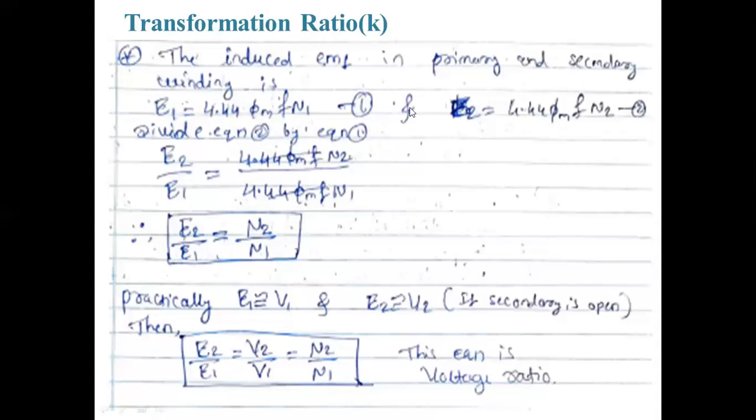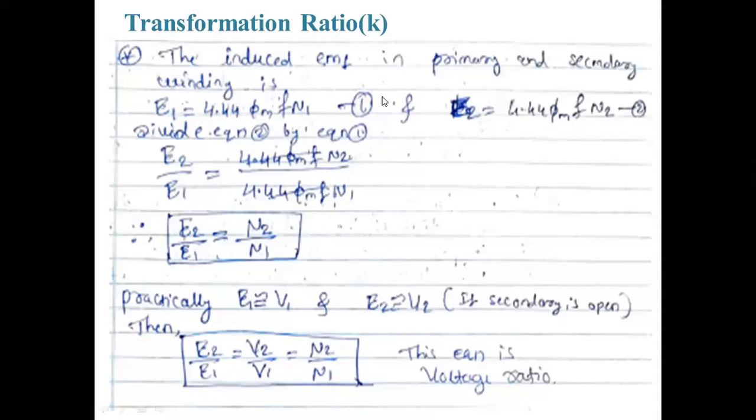We know the induced EMF in the primary and secondary. We know the formulas: E1 equals 4.44 phi m F N1 and E2 equals 4.44 phi m F N2. The common term is 4.44 phi m F. The only difference is N1 and N2, the number of turns in the primary and in the secondary.